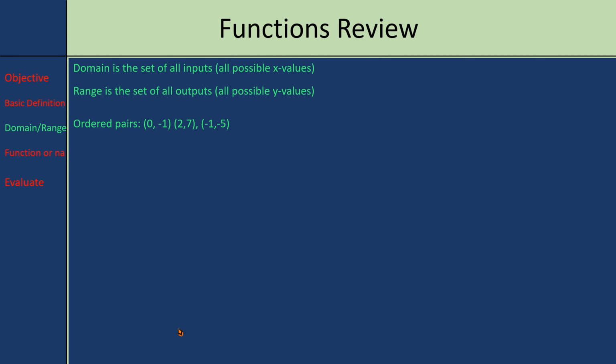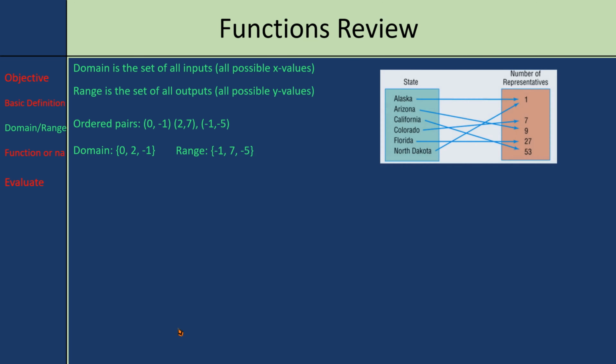What are our domain and range? The domain would be the set of all x's. So here my set would be the values 0, 2, and -1. And I didn't put them in order, but it doesn't really matter. The range, of course, would be -1, 7, and -5, all my y's.